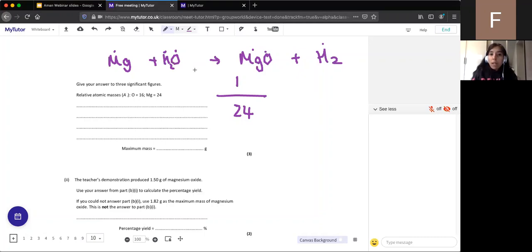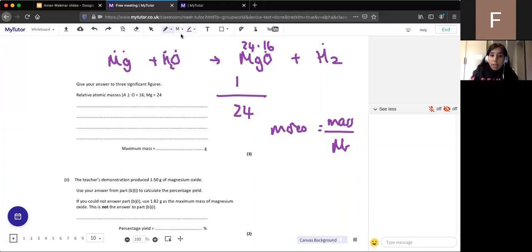Then if we look at our balanced equation, the ratio of magnesium to magnesium oxide is 1 to 1. So if there are that many moles of magnesium, there are also that many moles of magnesium oxide. To calculate the mass, we know that moles equals mass over MR, so the mass is equal to the moles times the MR. The MR of magnesium oxide will be 24 plus 16, which is 40.